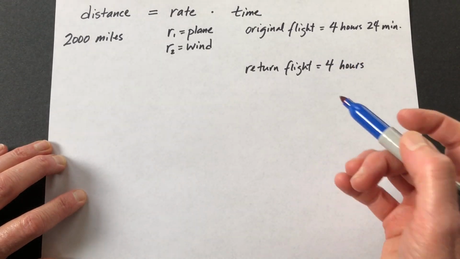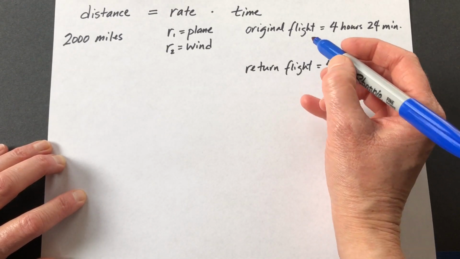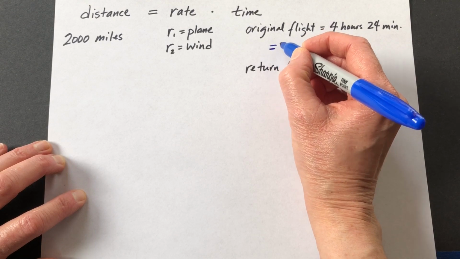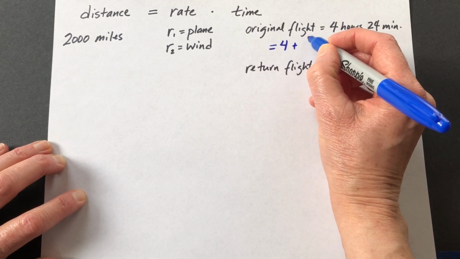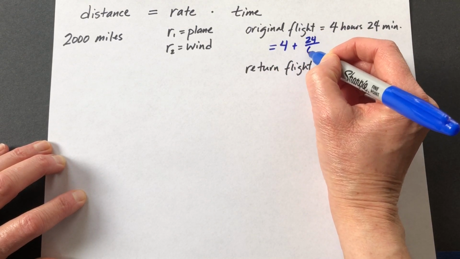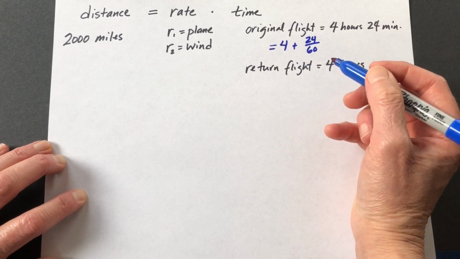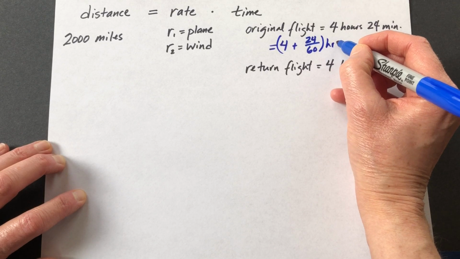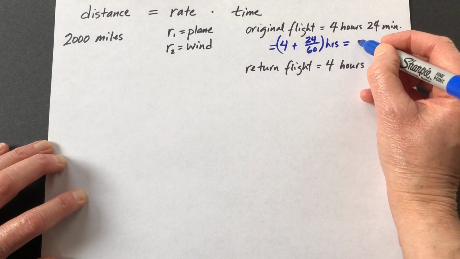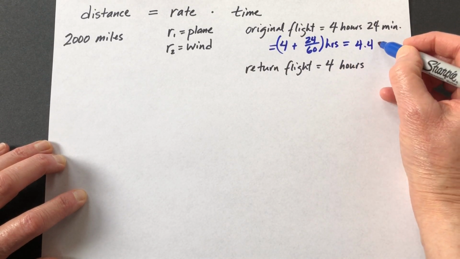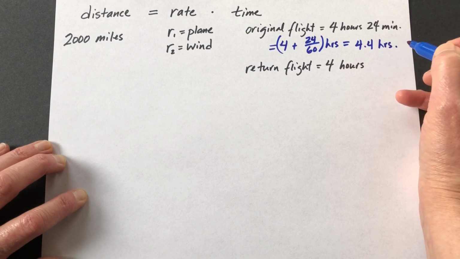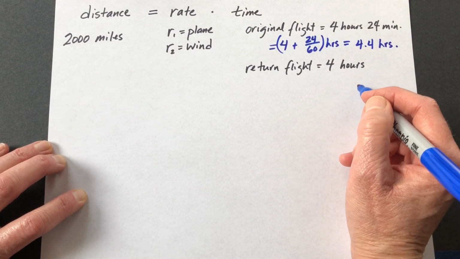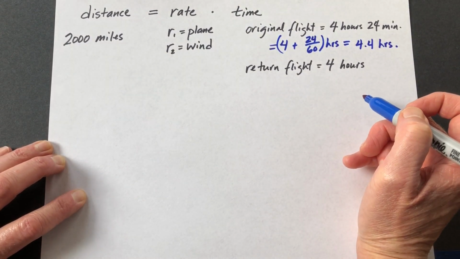Let's get that just in the form of hours. So we would think of this as 4 plus 24 out of 60 hours, which simplifies down to 4.4 hours. Return flight nice and even, 4 hours long.